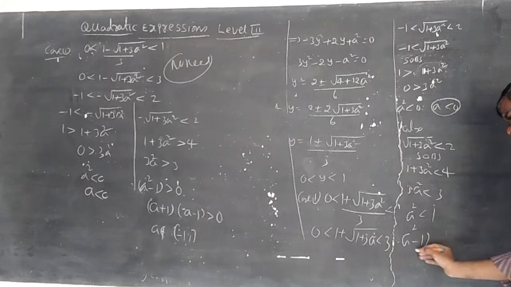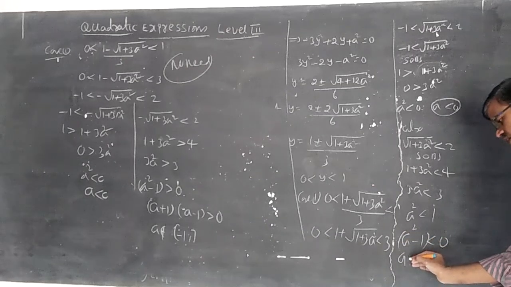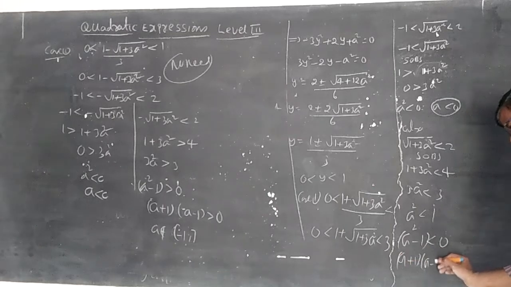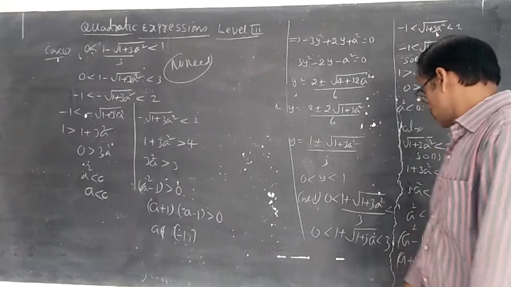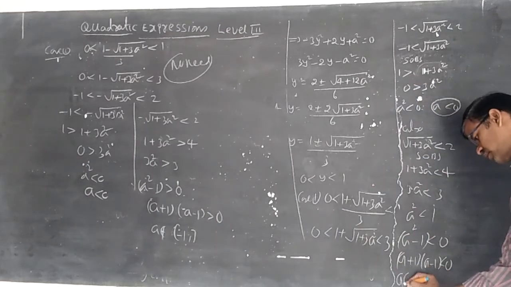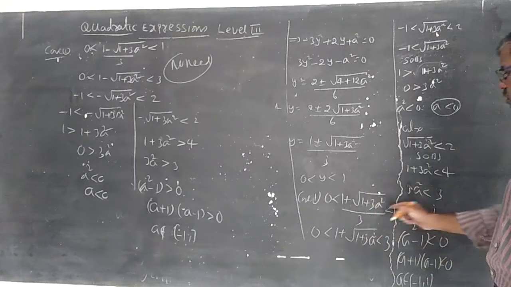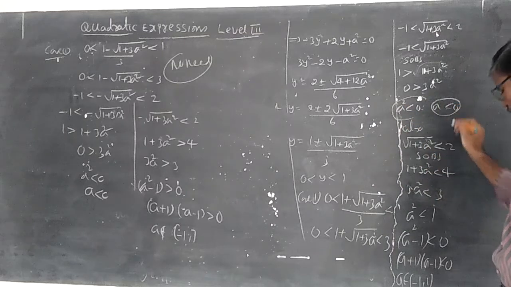A square minus 1 less than 0. So a plus 1 into a minus 1 less than 0. A belongs to minus 1 comma 1. 0 should not be, because there is no chance of the value 0 here according to this one.